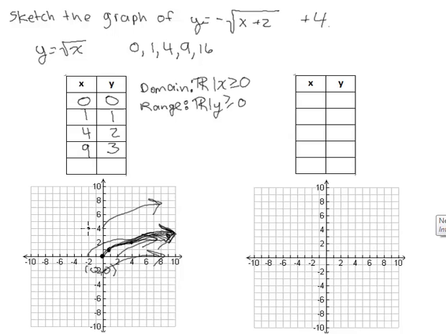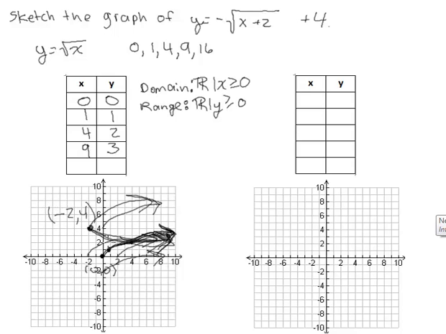So that's going to give me my starting point. But that's not quite the right answer yet because of this negative sign. So the negative sign means you flip it upside down. So rather than going up, you're going to go down. So now we know that our graph, when we get done, this was just to kind of get us a feel for it, is going to start at x equals negative 2 and y equals 4, so that's going to be our starting point.